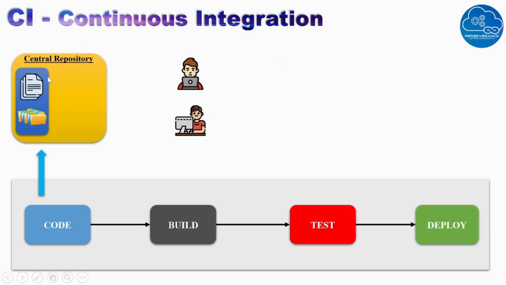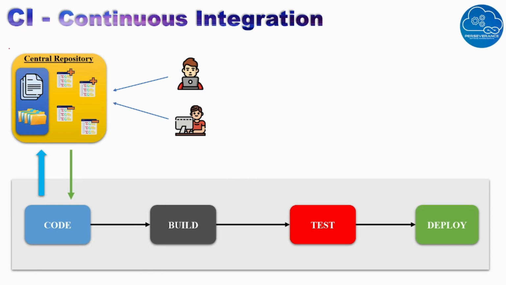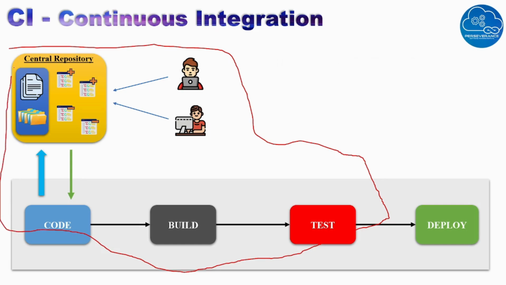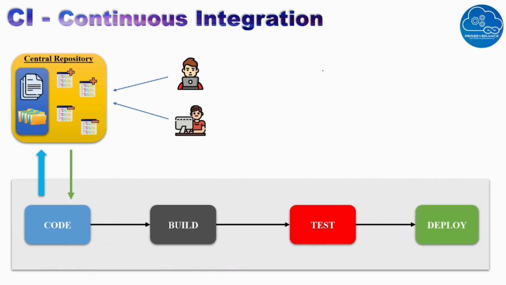Engineers host their code centrally and make changes there, and automatically the latest code should be pulled, built, tested, and deployed. This particular process, up to here, we can tell is CI, continuous integration.